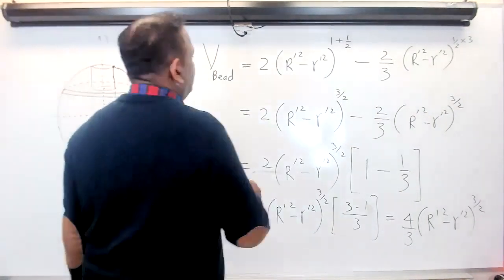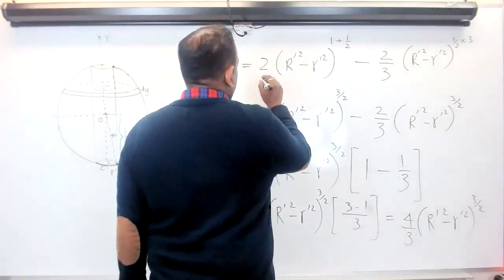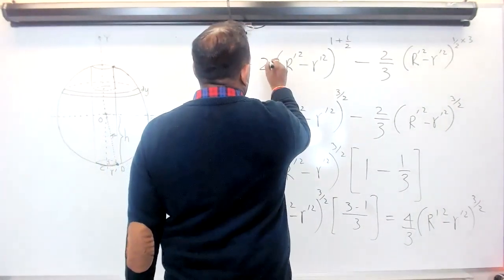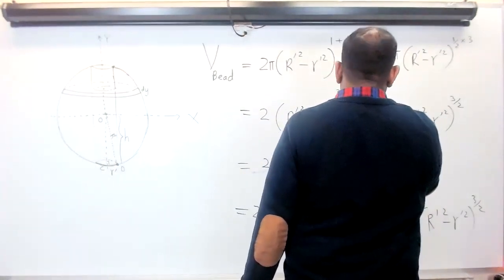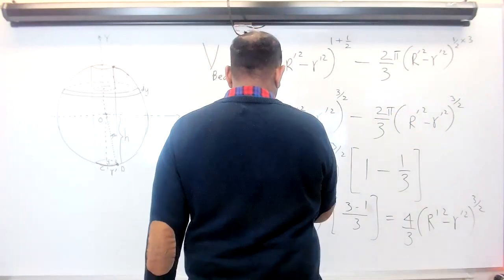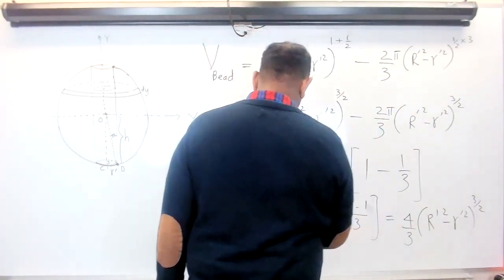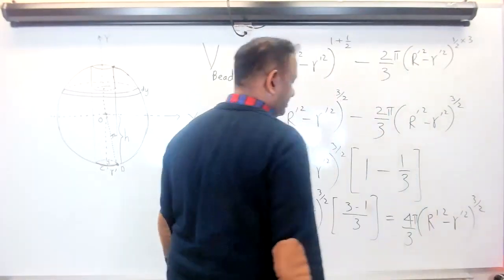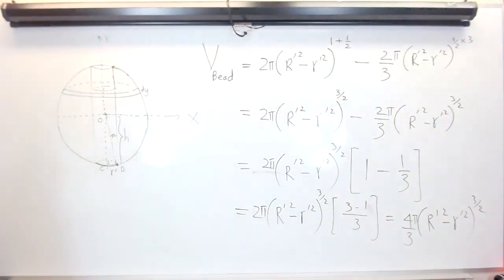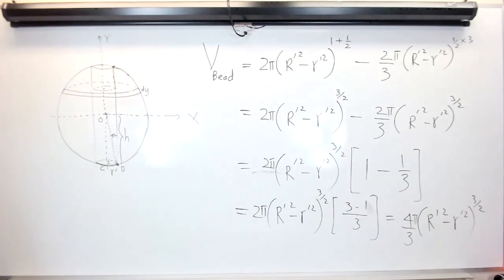Somewhere I think we missed pi. Okay, pi. I missed the pi. Pi. 4 pi over 3.